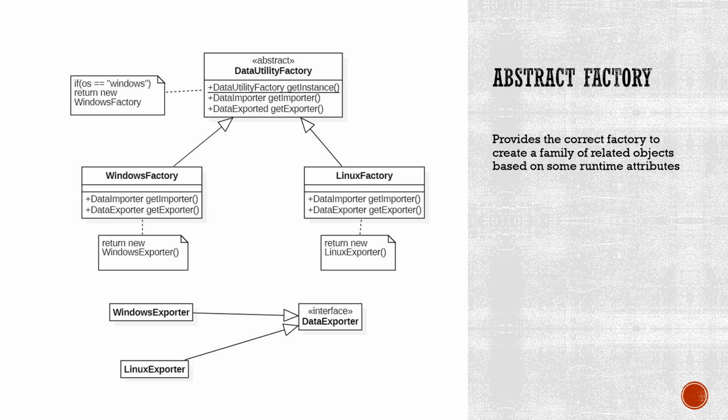And we can also get another object needed, like the importer, or a family of objects. That's the use of the abstract factory. It returns a family of related types. If it's Windows, it will return Windows objects, and if it's Linux, it will return Linux exporter and also Linux importer.